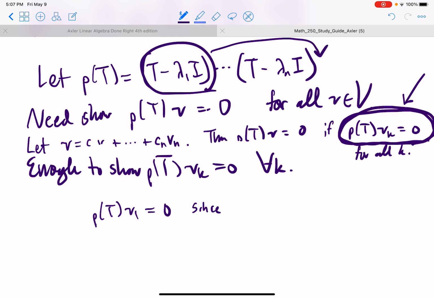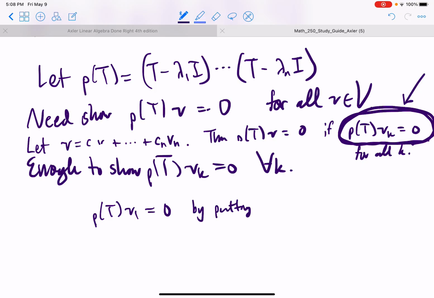We can rearrange the factors because we can multiply in any order for polynomials, and we showed that the same thing happens when you plug in the operator earlier, in chapter 5A maybe, or maybe even chapter 4. I can't remember where we did that. Since P of T applied to v1 equals 0 by putting T minus lambda 1 I first.